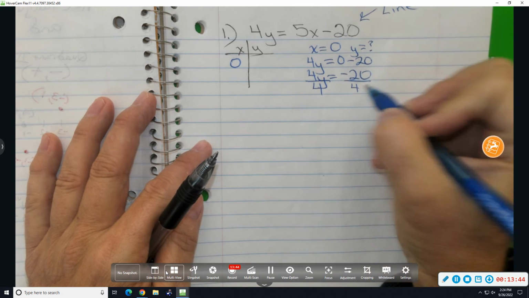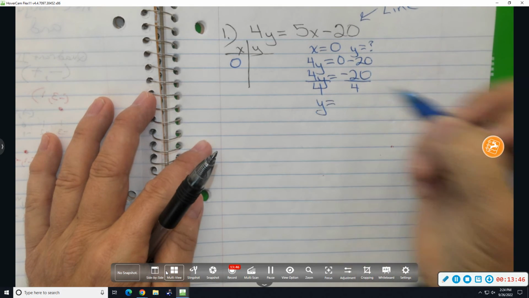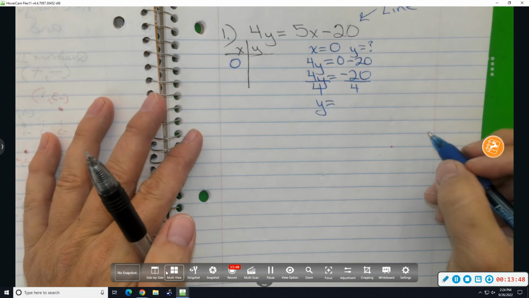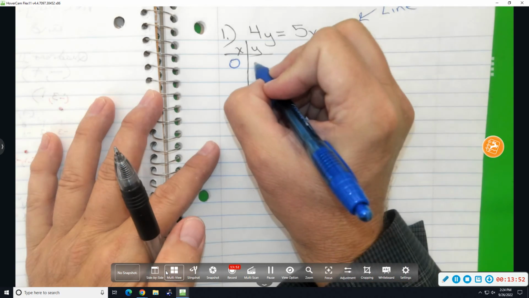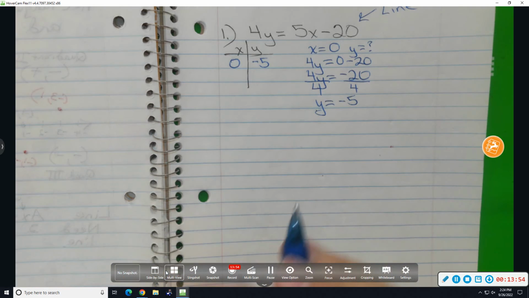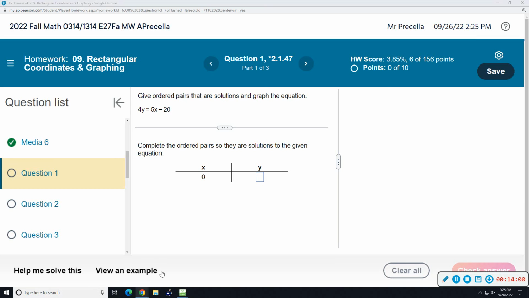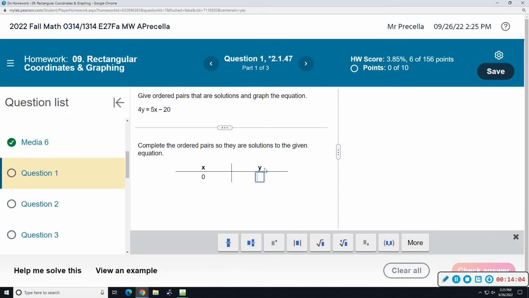We're solving for y. And what are we about to get? Negative 20 divided by 4, I agree, is negative 5. So, we switch over. Here, I put in a negative 5 for y.